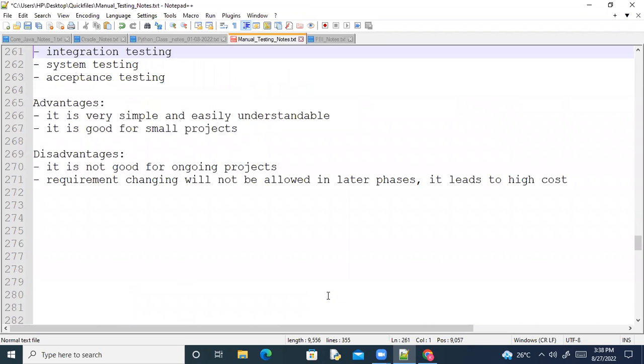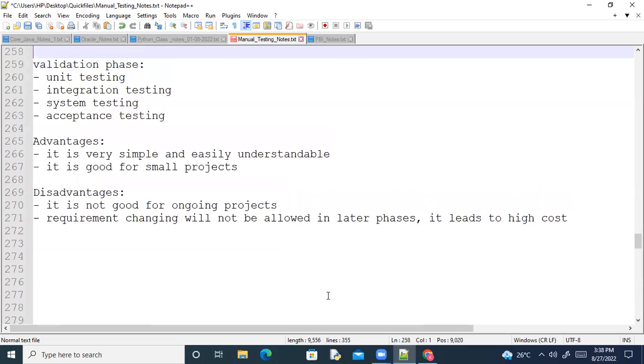For each model we will discuss for what purpose we use it, and what the advantages and disadvantages are. Then you will know, when working on real projects, which model to follow and how to work as per the model your team follows.